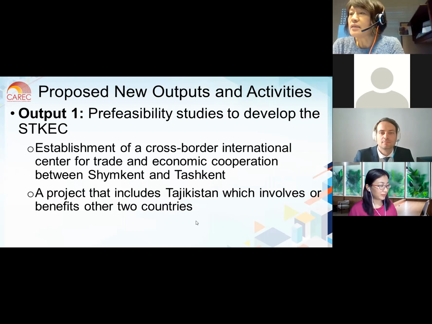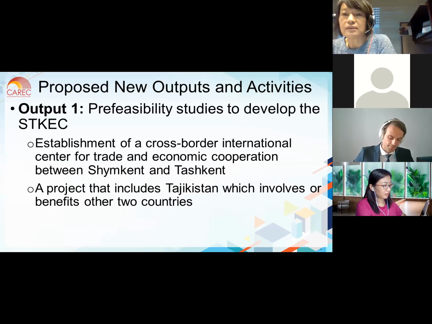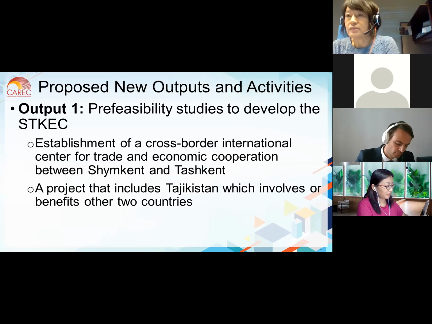So the study aims to provide a framework for the center through analysis of key aspects of the cross-border trade and the economic cooperation, including logistic services in the border areas, business opportunities to attract private investment, development of modern international and regional wholesale and retail trade, and invigorating international tourism along the historical Silk Road in the economic corridor region.